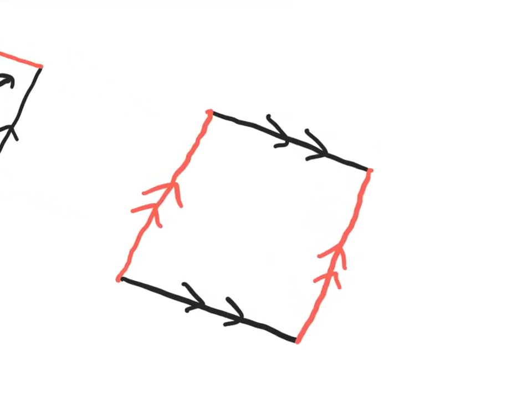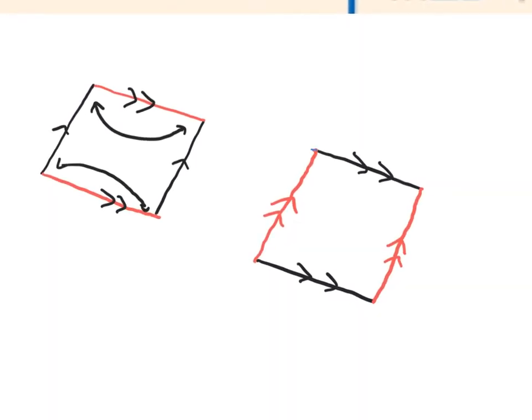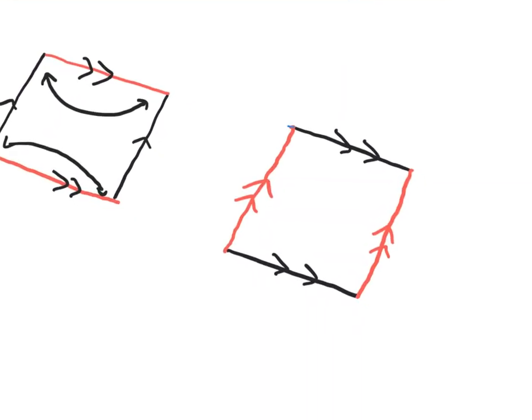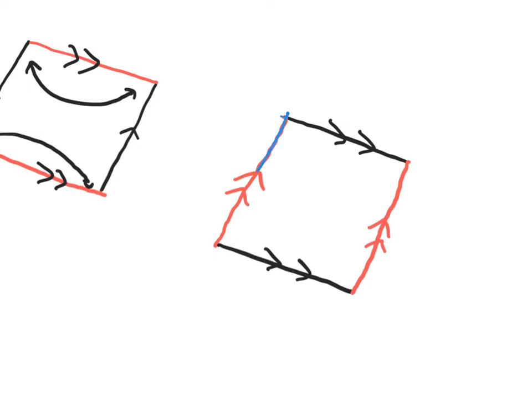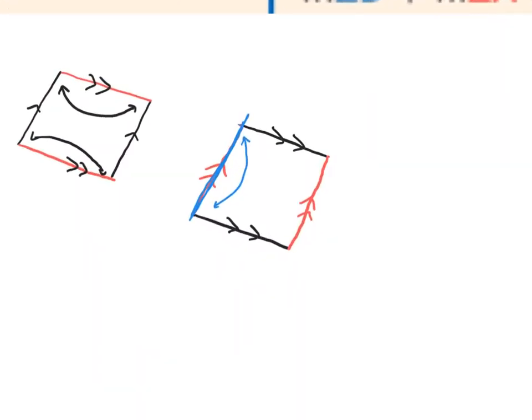If the left and the right are parallel, and I do the top and bottom as parallel, then this would be a transversal. If this is a transversal, it must mean that this angle and this angle are supplementary. Excuse me, I think I said complementary. I meant supplementary. They add up to 180.